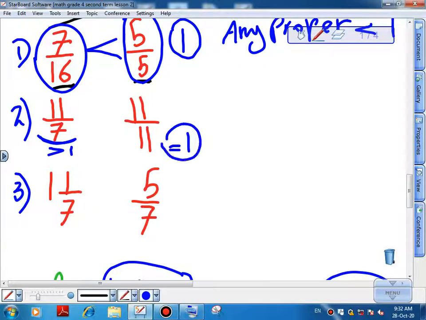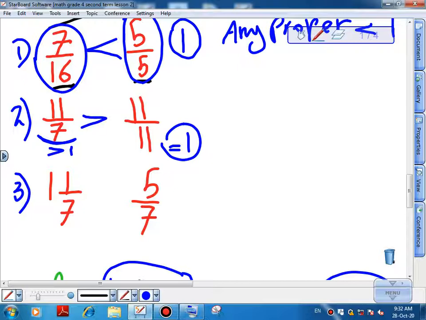Any number divided by itself is equal to 1. 11 over 11 equals 1. So in this case, 11 over 7 is an improper fraction, which is greater than 1, and the right side is equal to 1. So the improper fraction 11 over 7 is greater than 11 over 11.